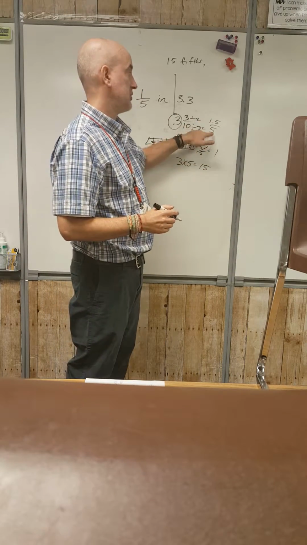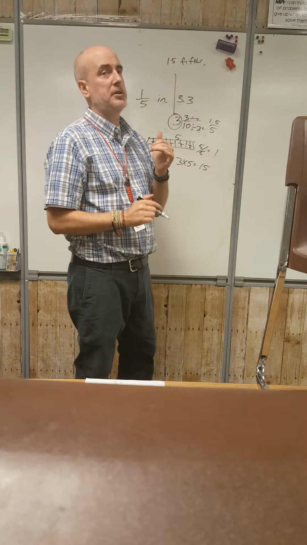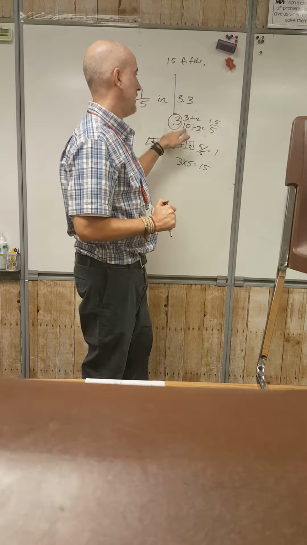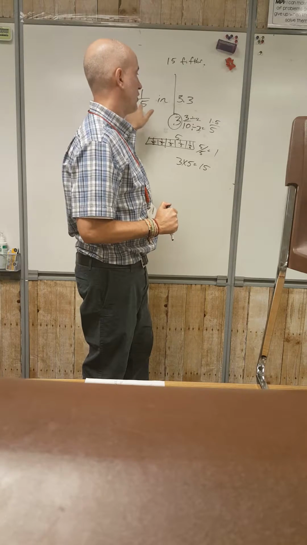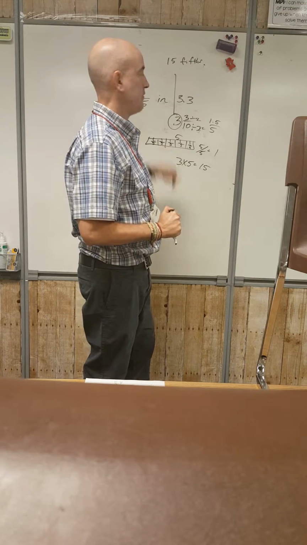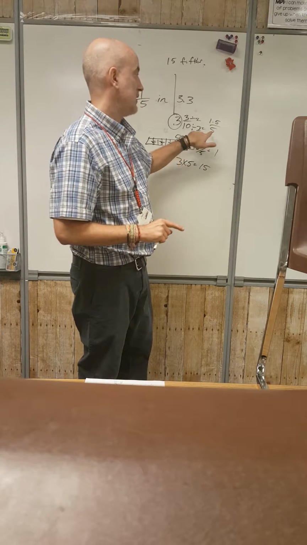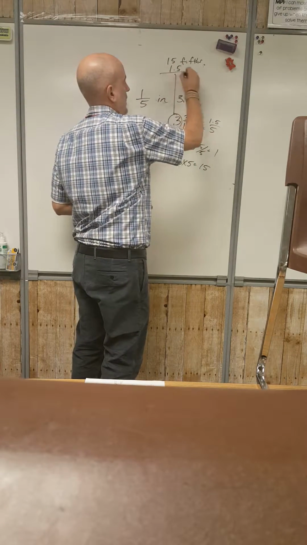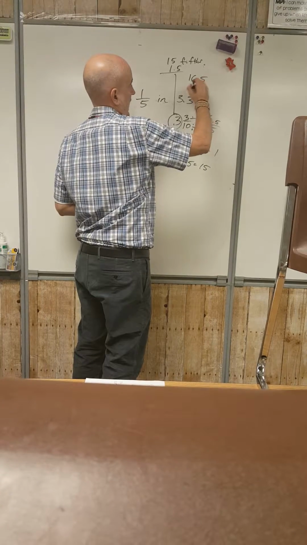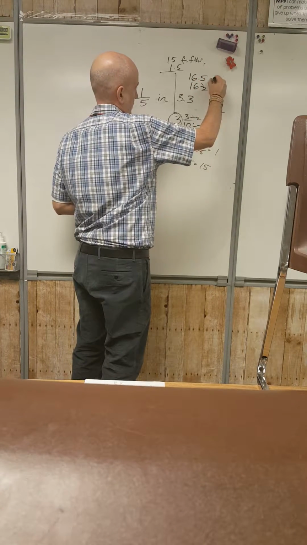I can't really have a decimal as part of a fraction. But it helps me see that in 3/10 there are 1.5 fifths. So there's 1/5 plus half of another fifth. If I added that on, I would have a total of 16.5 fifths.